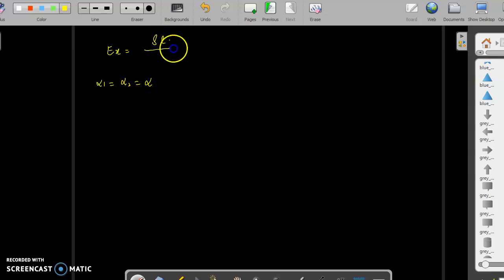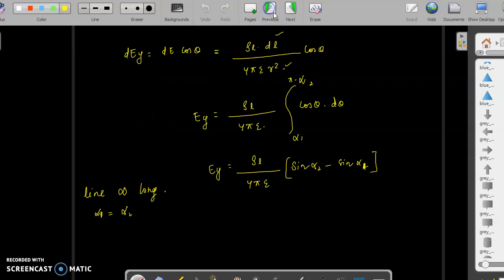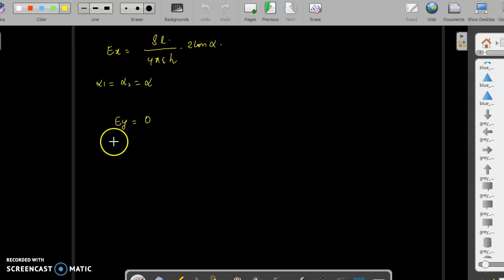So Ex is rho L over 4 pi epsilon h times 2 cos alpha, and Ey becomes 0 because sin alpha minus sin alpha is 0. So there is no Ey component, only the Ex component exists.